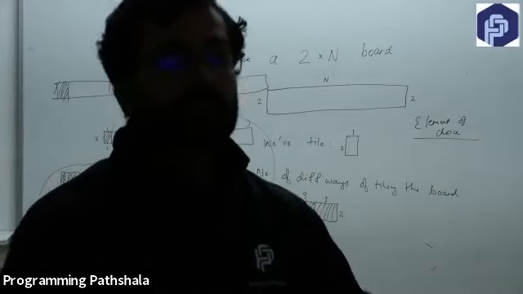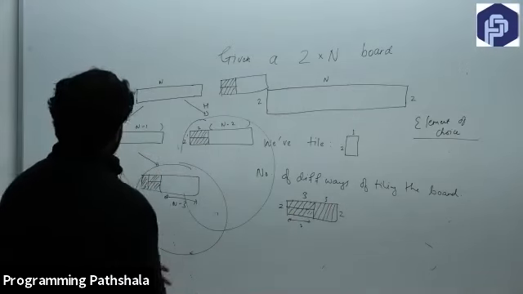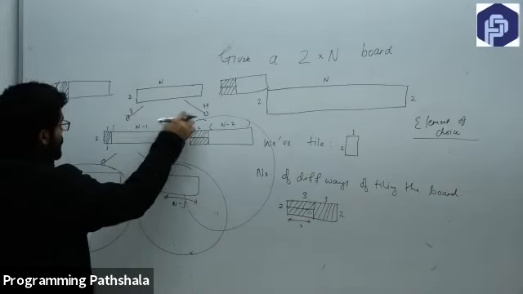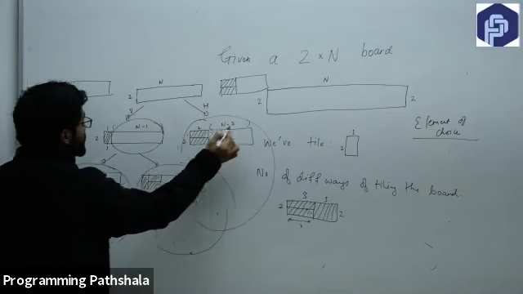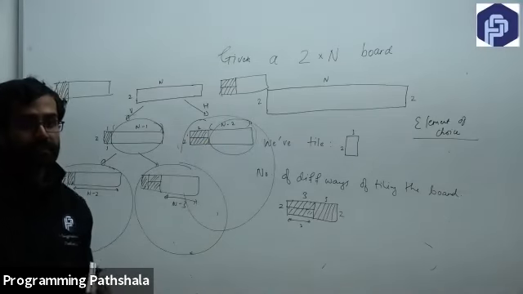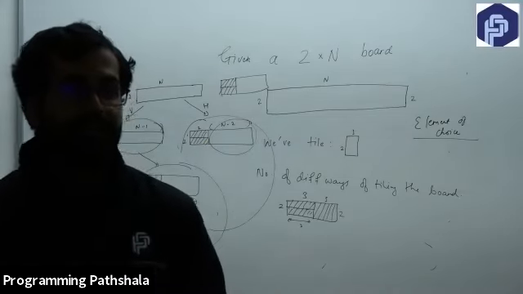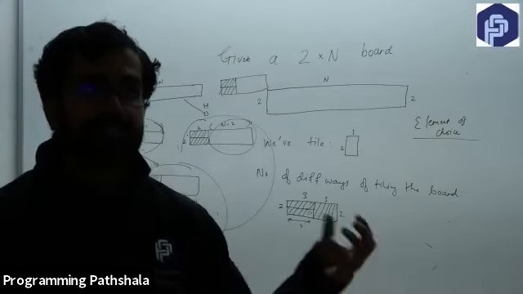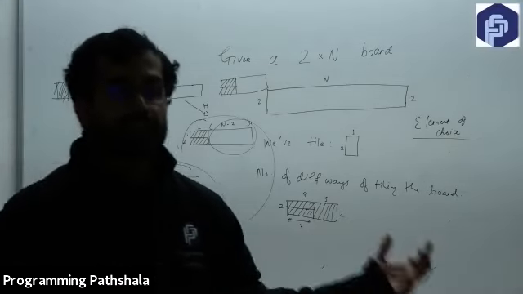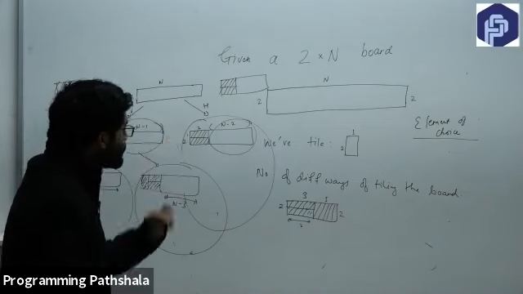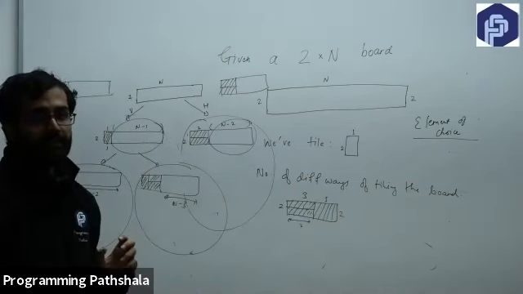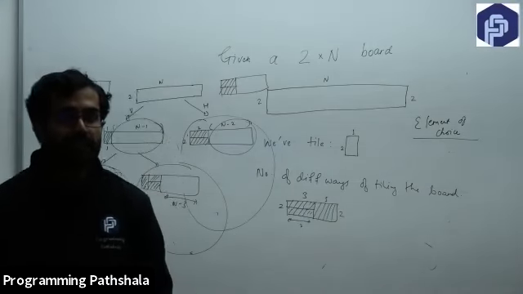Is that clear? So first of all, do you all understand how I am making different choices and venturing into solving smaller sized problems? Making different choices and venturing into solving different smaller problems. Now, what would be the termination condition over here? Can you think of some termination conditions?